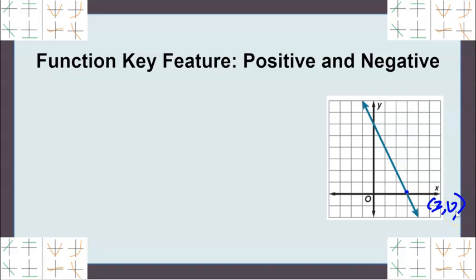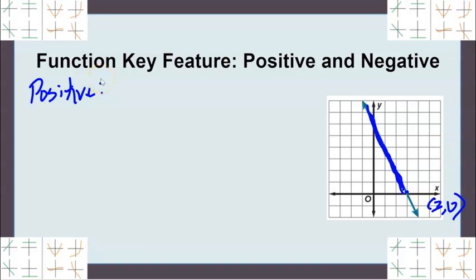Okay, now we're going to do the positive parts. So positive, where is it above the x-axis? It's above the x-axis over here. So that's the positive part. So when is that positive?